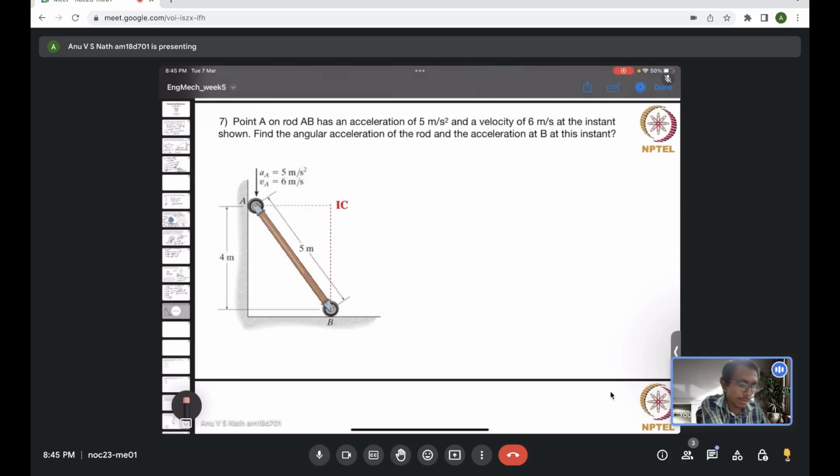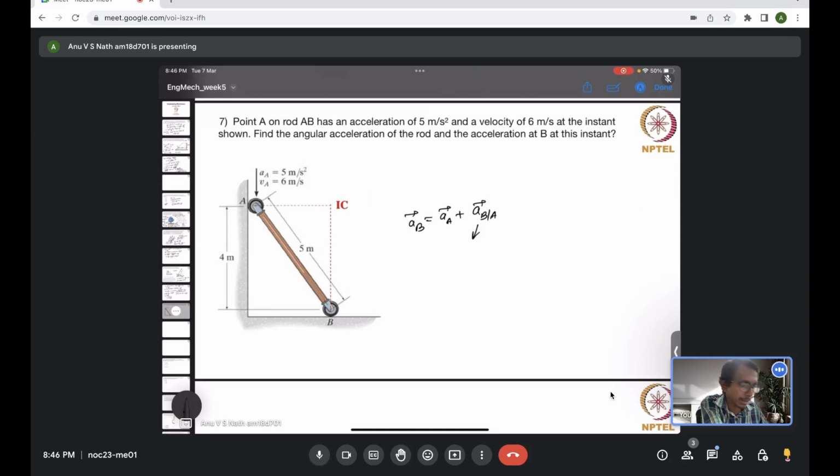The formula you have to use is that acceleration of point B is acceleration of A plus, basically the relative acceleration, acceleration of B with respect to A. Which will have two parts, a normal acceleration and a tangential acceleration.